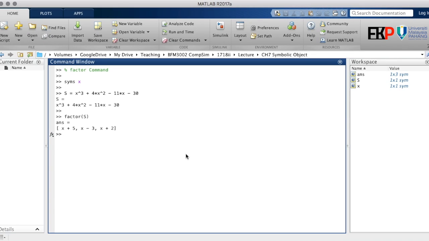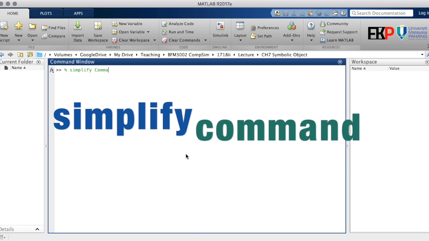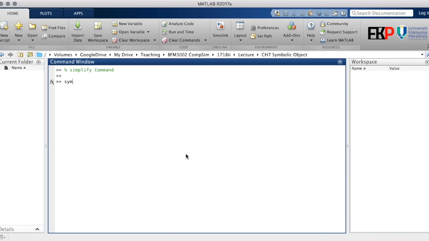Okay. Now let's look at another command. We also have a simplify command for symbolic expressions. Now let's say we define x and y as our symbolic objects, and we have the expression s that is equal to x to the power of 2 plus 5 times x plus 6, divided by x plus 2.